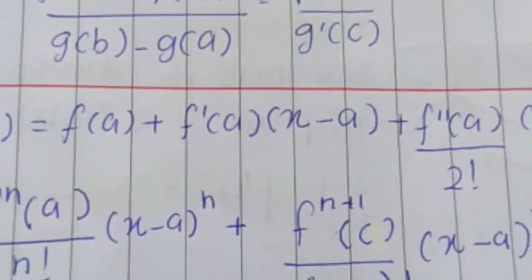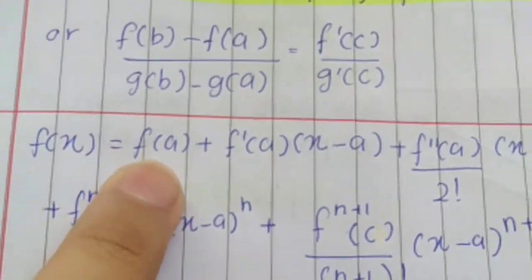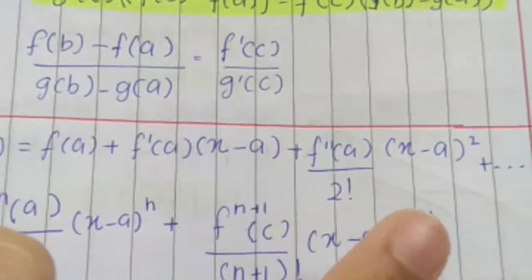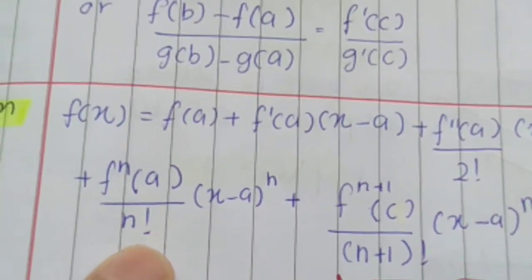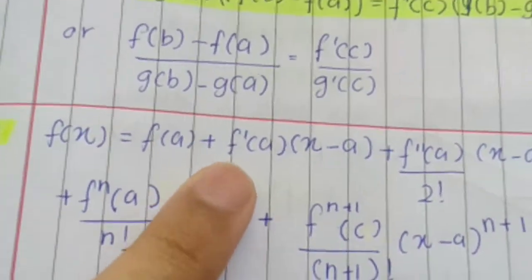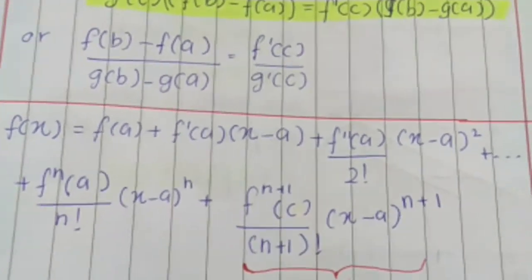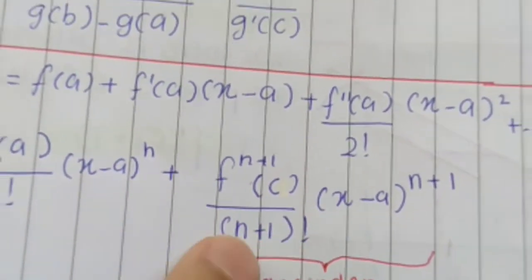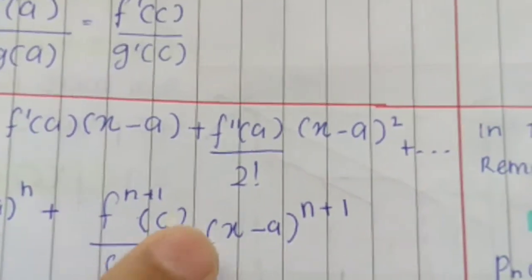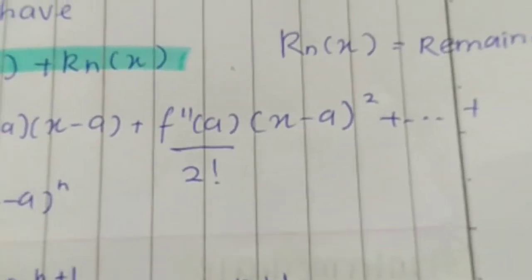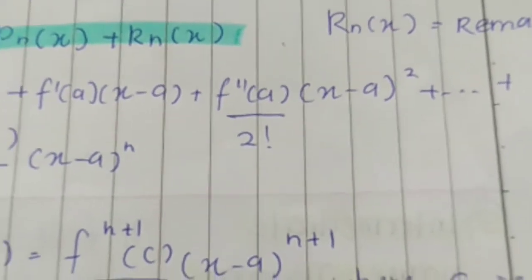So this is the formula: f(x) equals f(a) plus f prime(a) times (x minus a) plus ... until f^n(a) over n factorial times (x minus a) to the power of n, plus the remainder. The remainder is f^(n+1)(c) over (n+1) factorial times (x minus a) to the power of n+1.